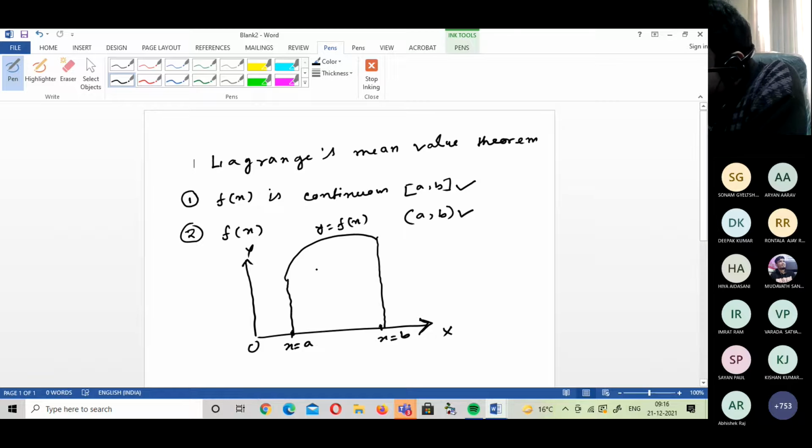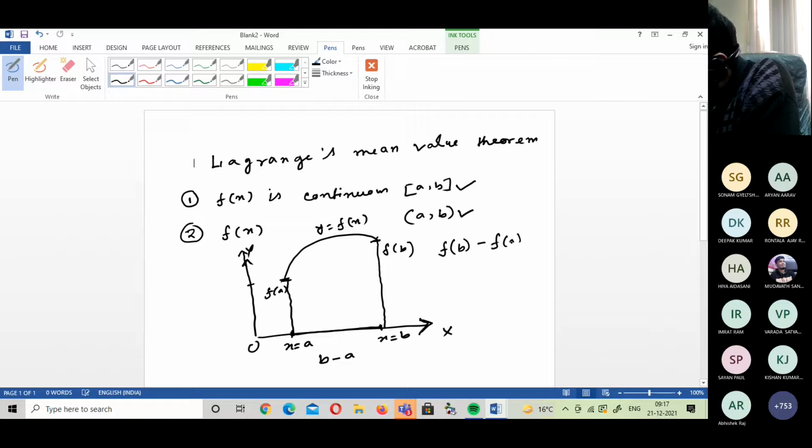Here the interval is b minus a, and these will be the values f of a and f of b. So the increase of the function will be f of b minus f of a.